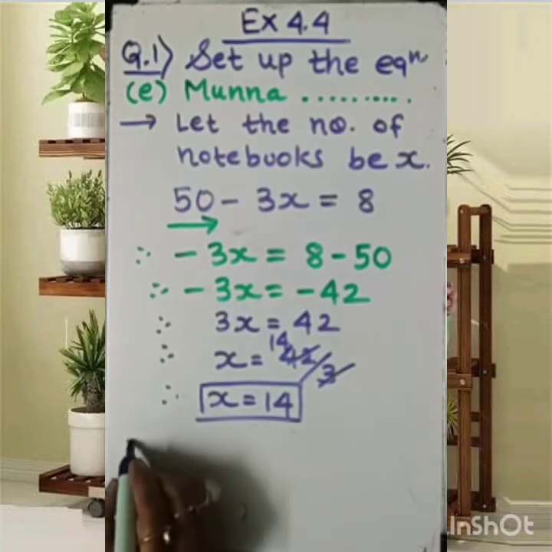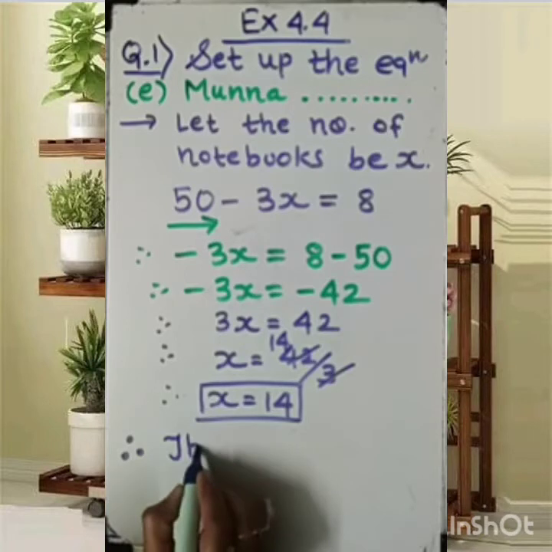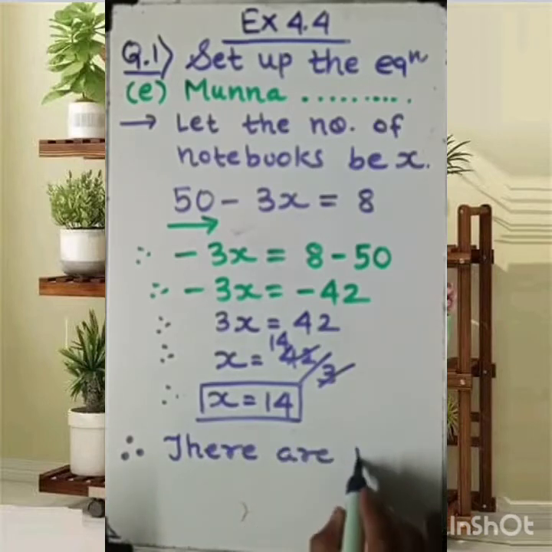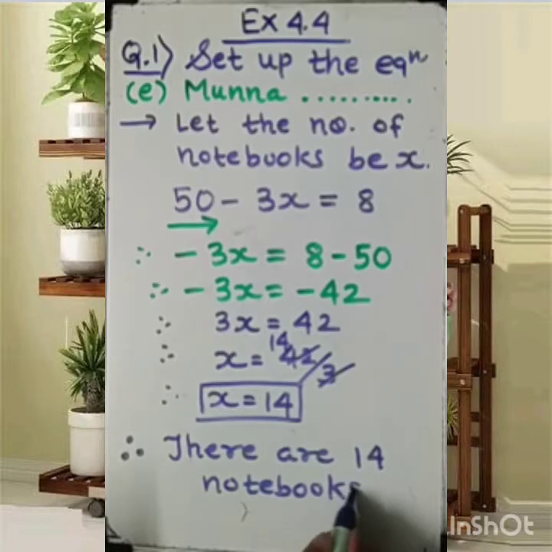That's why we need to write how many notebooks there are. So there are 14 notebooks, that we need to mention over here. Therefore, my dear student, there are 14 notebooks. That is the answer.